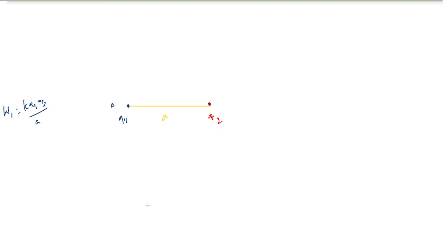Now let's bring one more charge, say charge Q3, from infinity to this point.